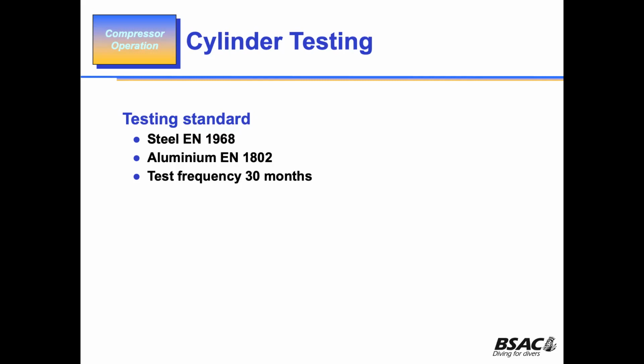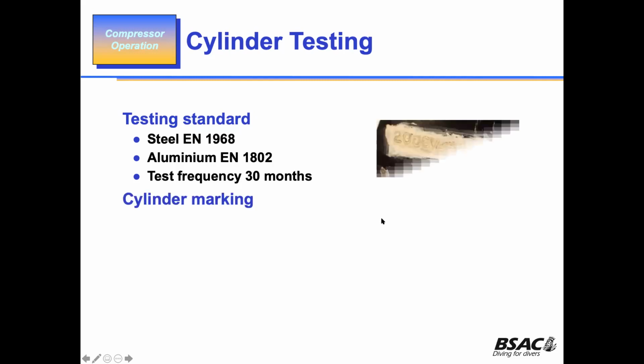Don't let people say, well, you've had it 5 years, you've got to give it to me. If I'm asking for 100 quid, and you go and buy one, you're going to pay 200 quid for that cylinder. There's nothing wrong with my cylinder, and you're getting it for £100 cheaper. Think about it. So, test frequency, 30 months.